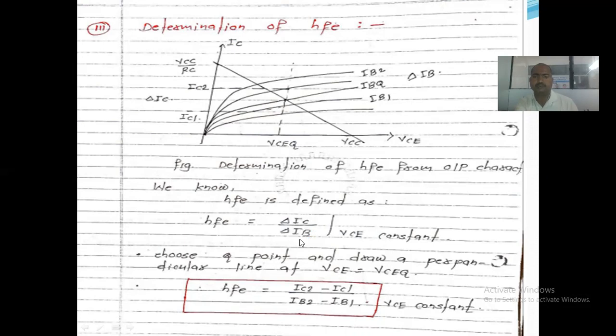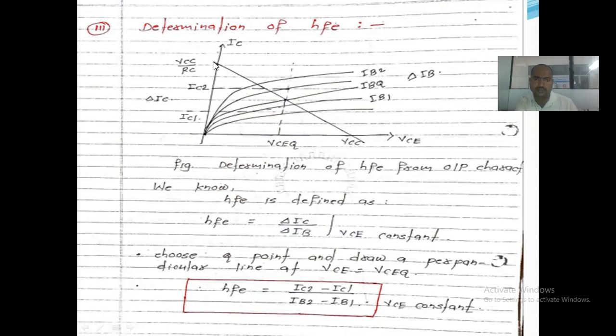This holds when the particular VC value is constant, right? So delta IC indicates the changing value with respect to this tangent. This line is drawn on the Q point, between the upper point of IC and the lower point of VC, at the point of the base current IBQ, right?